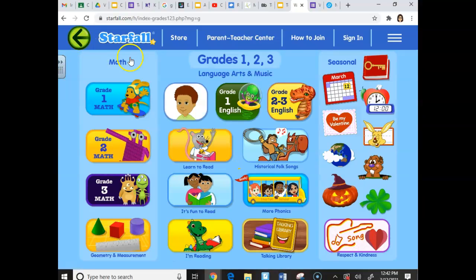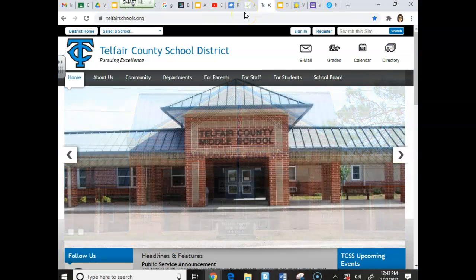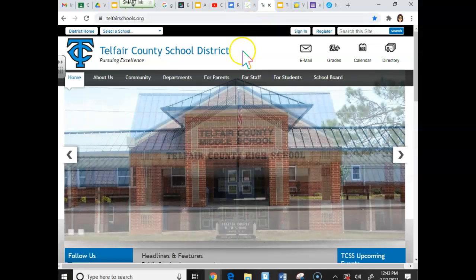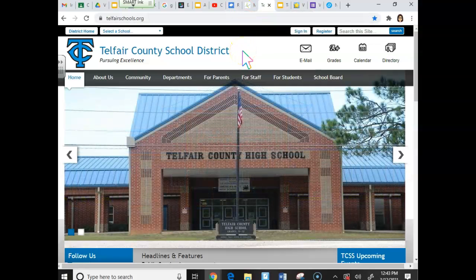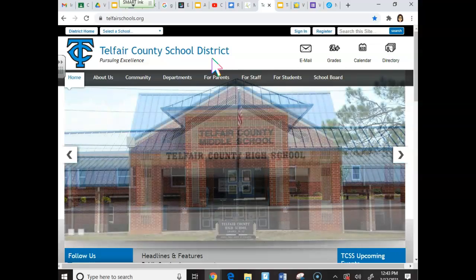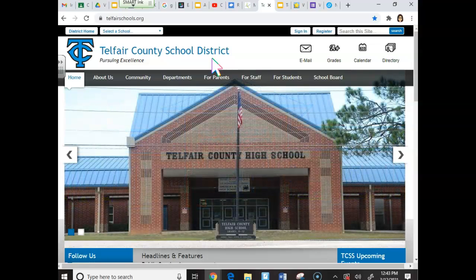Now, there's one more type of electronic menu I want to show you before we go over some of your review work. Some of them are floating electronic menus. On the Telfair County School District website, some of our electronic menus, when you float your mouse over it, will show up, and then you click on what you want.